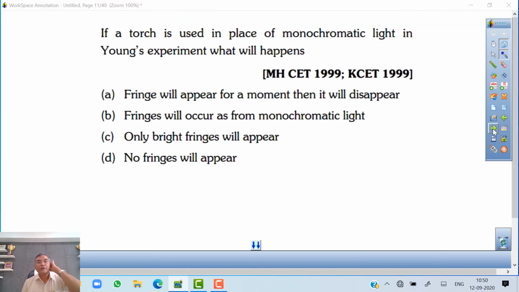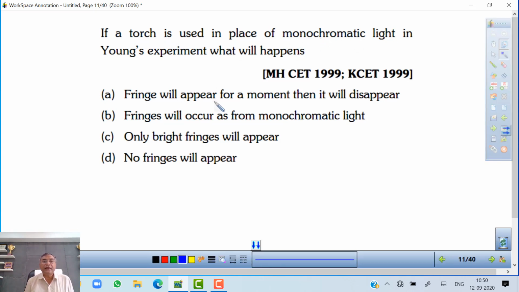If a torch is used in place of monochromatic light in Young double slit, then what will happen? So torch is... fringes will not appear, no fringes will appear. So fringe બને નહીં કારણ કે ટોર્ચ માંથી જે લાઇટ આવે છે, you cannot say it is a coherent source.